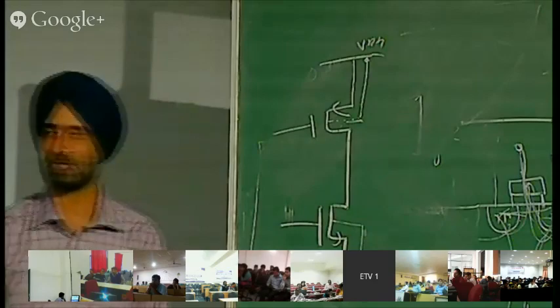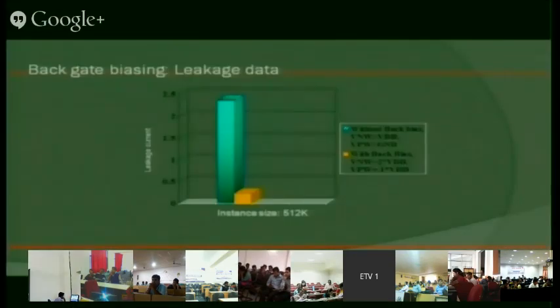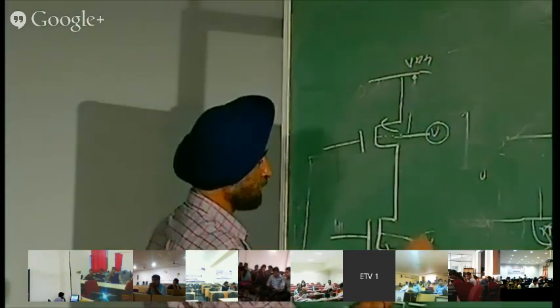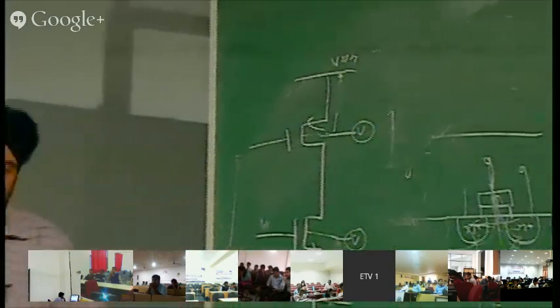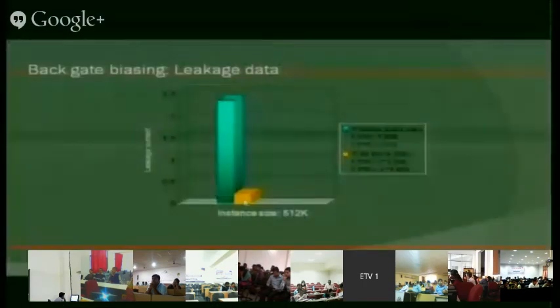Normally it is like this, consuming this power. But if you control this potential by some appropriate mechanism, here you don't short it but control it in the circuit, you are able to reduce the power, which is being shown here. You can see, this is from 2.5 and this is less than 0.3. So this much difference it brings for a 512K memory.